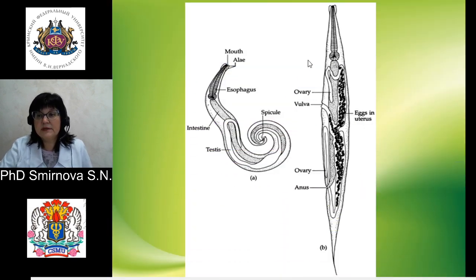On this photo you can see the female, which has a straight shape, and the male, which has a spiral shape of the tail. This is a very important morphological character. If in the microscope we see a straight body, this is a female. If we see a spiral posterior end, this is a male.